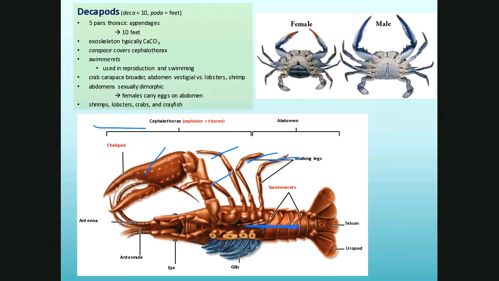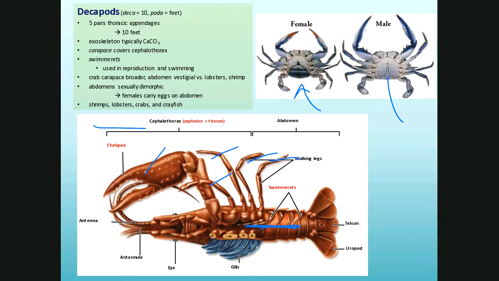But it's much wider in the crabs. And in blue crabs, it's sexually dimorphic. Females have a wider abdominal region, whereas the males, you can see, have that little spit that goes up towards the front. The females have that wider abdomen because they carry their eggs on their abdomen. So that's why it's that way.